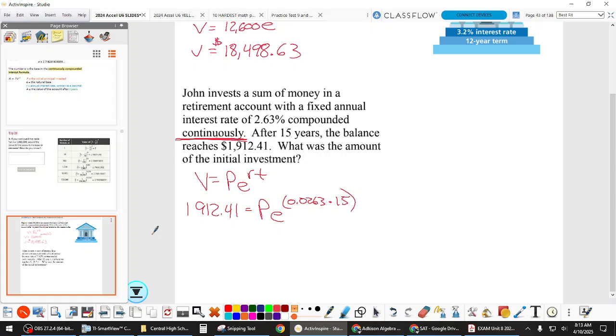You divide 1,912.41 by e. I mean, all of this is just a number, so we can just divide by that. That will give us P. All that cancels.